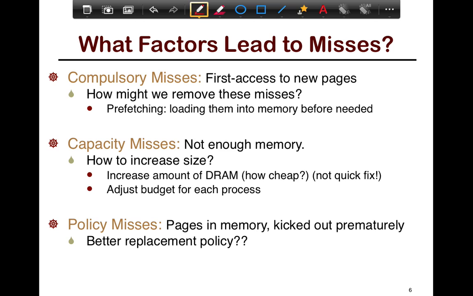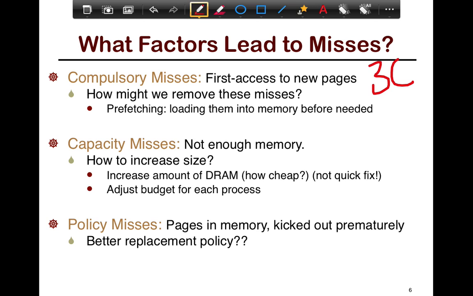So if misses are really that important, the question becomes, what can lead to misses? Back in the 80s, there was a graduate student at Berkeley, Mark Hill, who later went to Wisconsin, who published the 3C model. There are compulsory misses, which are essentially the first accesses to new data. You can't really do much about this.